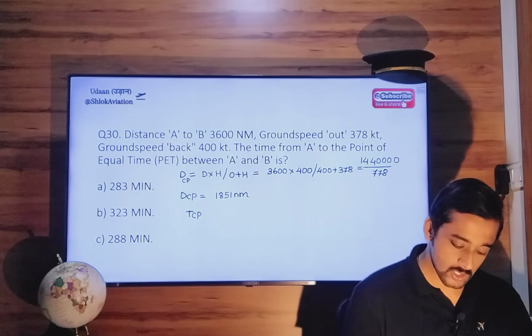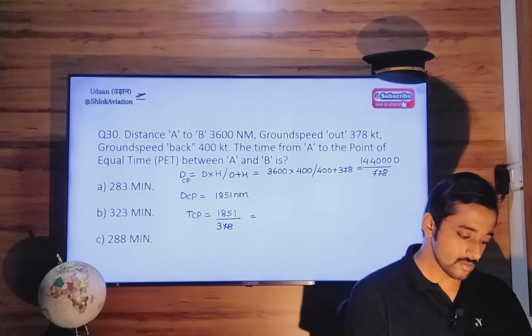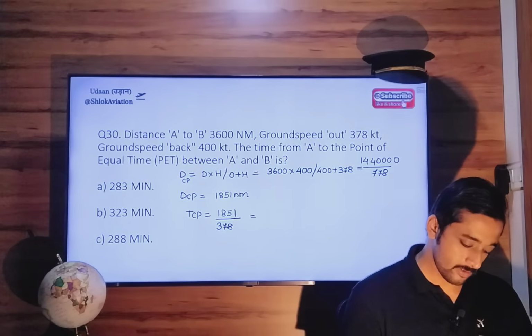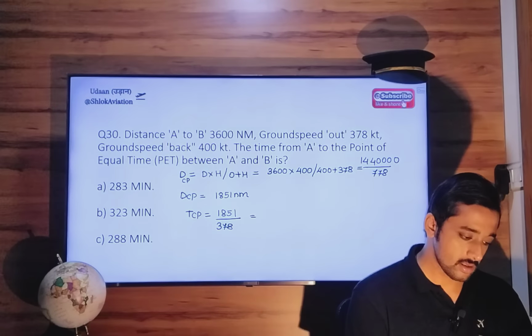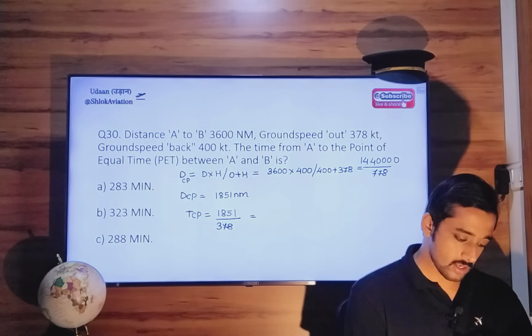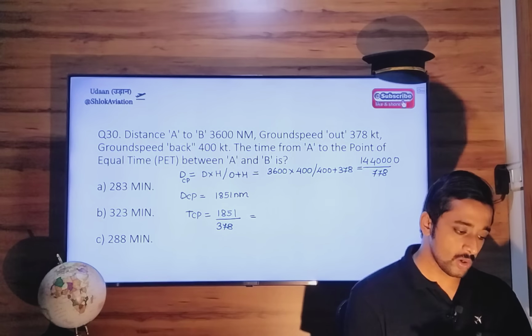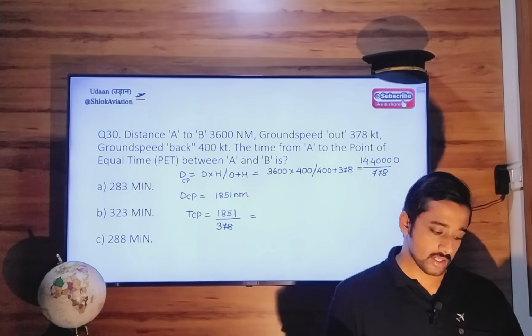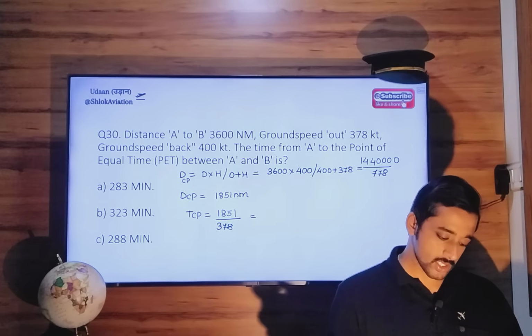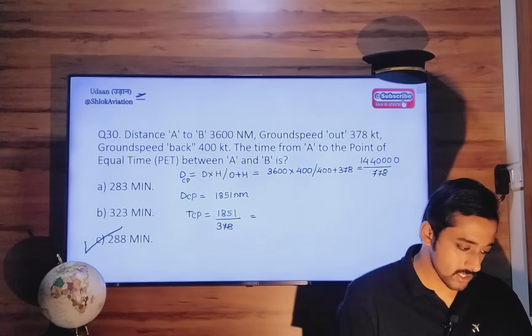Time to that distance will be 1851 divided by outbound speed 378. 4 hours 53 minutes or 293 minutes, or 294 minutes. The closest option here is option Charlie, 288 minutes.